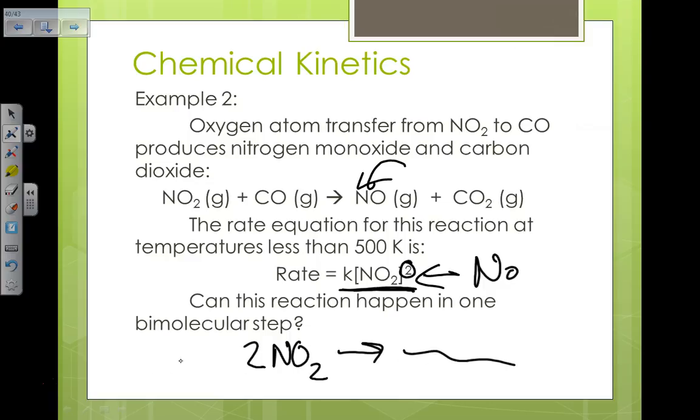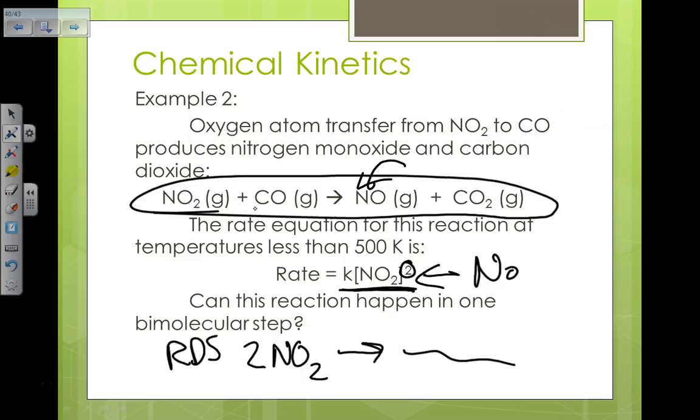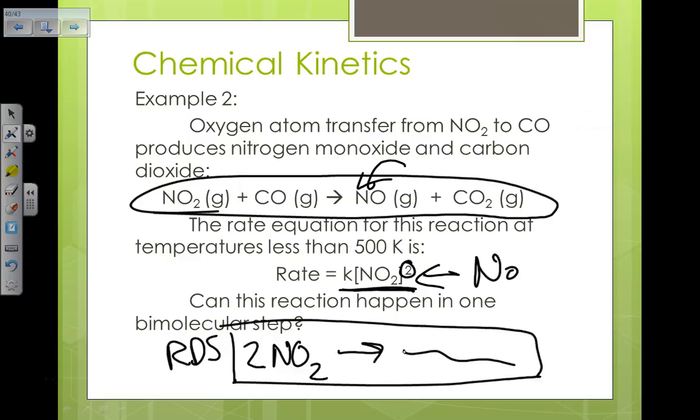Well, that has to be the slow step, the RDS. That is not what this is, so therefore this reaction cannot happen in one bimolecular step. It has to happen in 2 steps or 3 steps or 4 steps, and one of the steps has to look like this, where we're forming something.